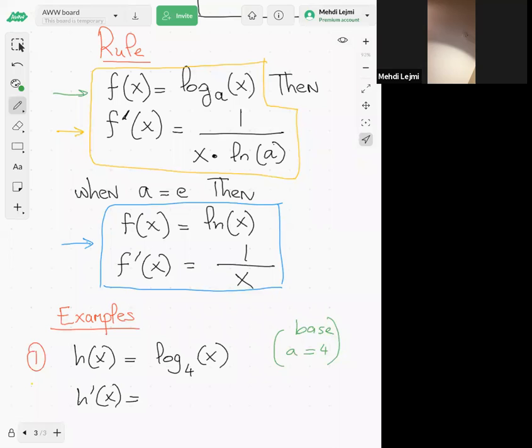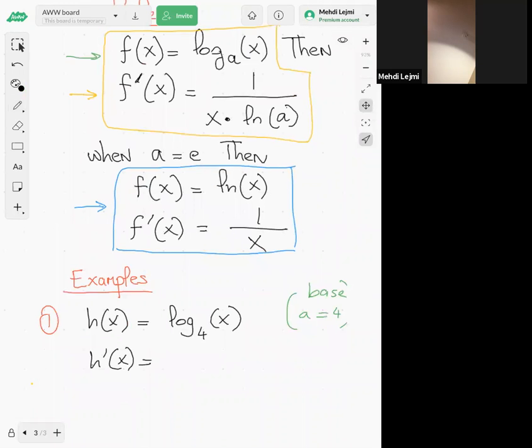If my function is log in base a of x, then the derivative is 1 over x times natural log of a. So a is 4, so that's natural log of 4. So the derivative of log of x in base 4 will be 1 over x times natural log of 4, because my base a is equal to 4.